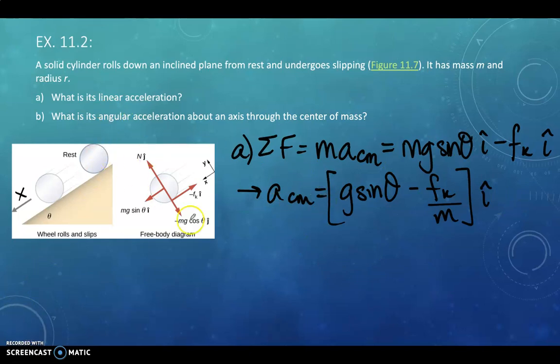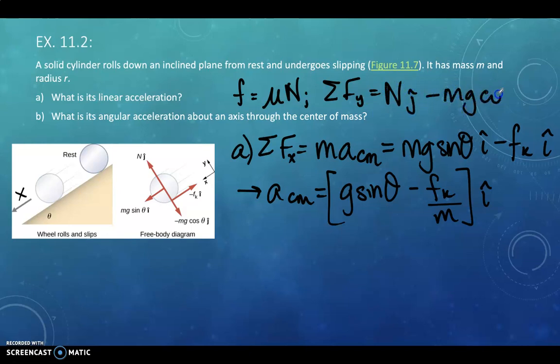Now we could go further and talk about what our frictional force, f sub k, is. Remember that f sub k is going to be some constant mu times our normal force. Looking at the sum of forces in y, that will be N j hat minus mg cosine theta j hat.